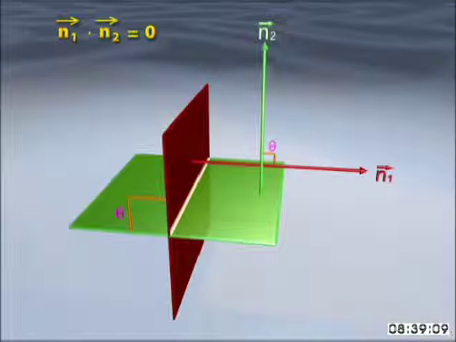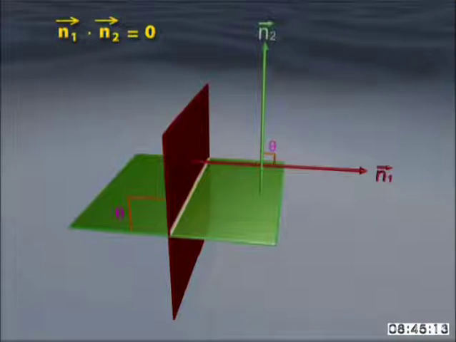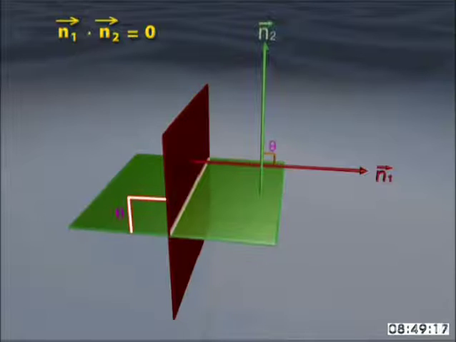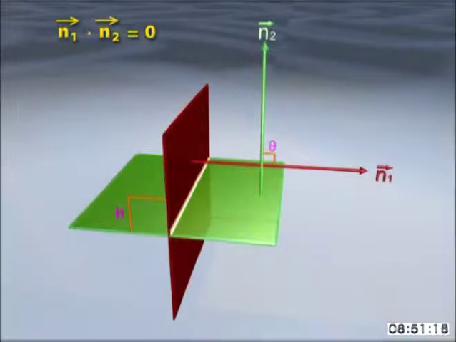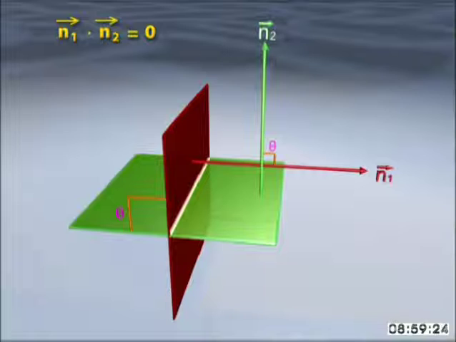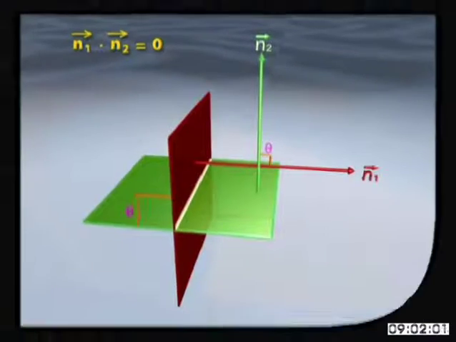This helps us to conclude that if dot product of normals vector n1 and vector n2 is 0, then the planes are perpendicular to each other, as the angle between the two planes is defined as the angle between their normals.